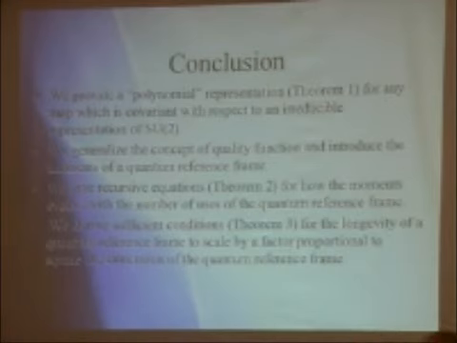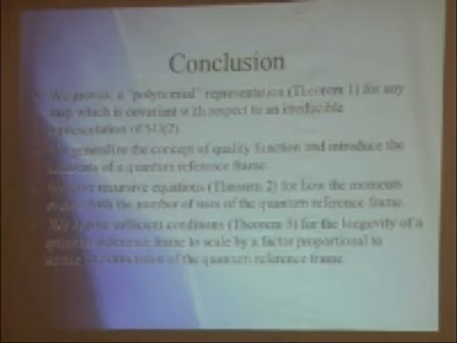Okay, so here we're going to conclude. First, and probably the most interesting part, I provided a polynomial representation for maps that are covariant with respect to irreps of SU(2).